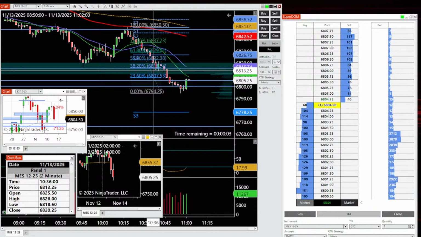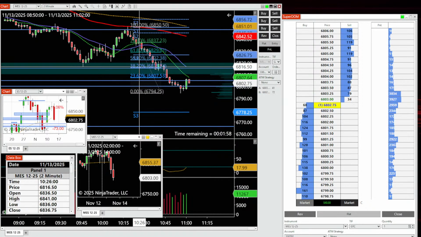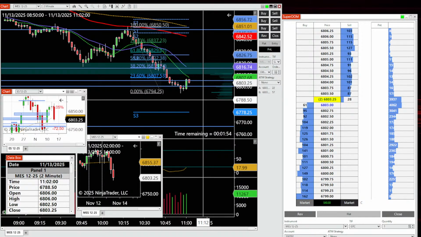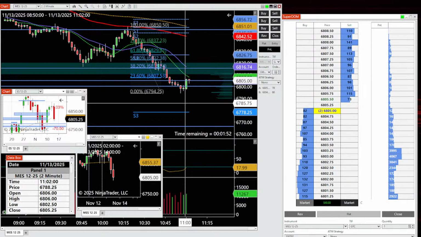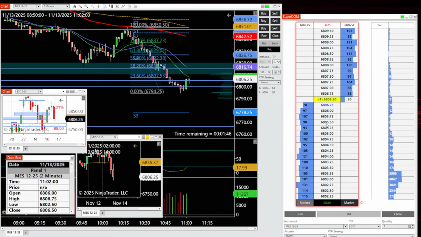6,800 was the target for the 60-minute head and shoulders, and it completed the head and shoulders target. The 15-minute bar just opened up. 675 was the high on that.